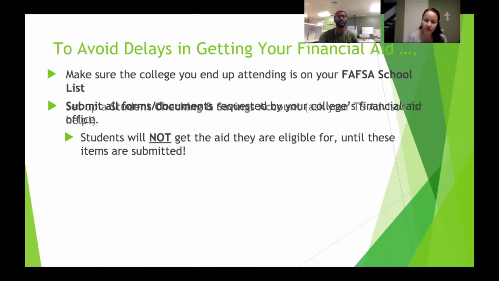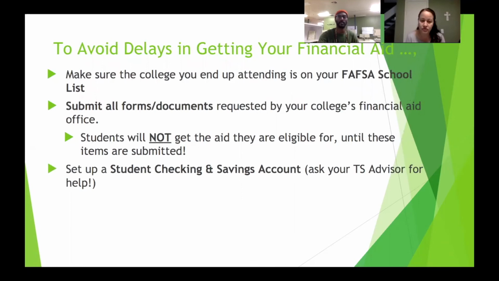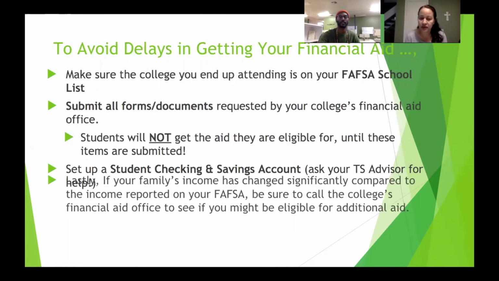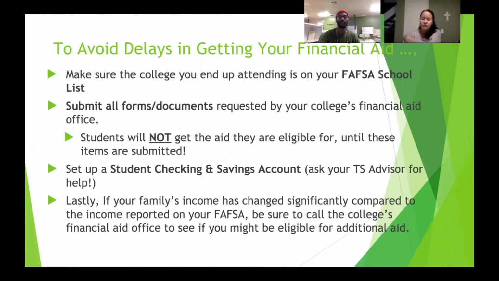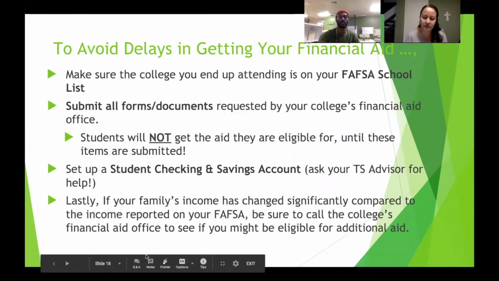You'll also want to make sure that you set up a student checking and savings account. Ask your advisor if you need help. Just keep in mind that most colleges and universities will directly deposit the remainder of your financial aid into your checking account. You just have to set that up.